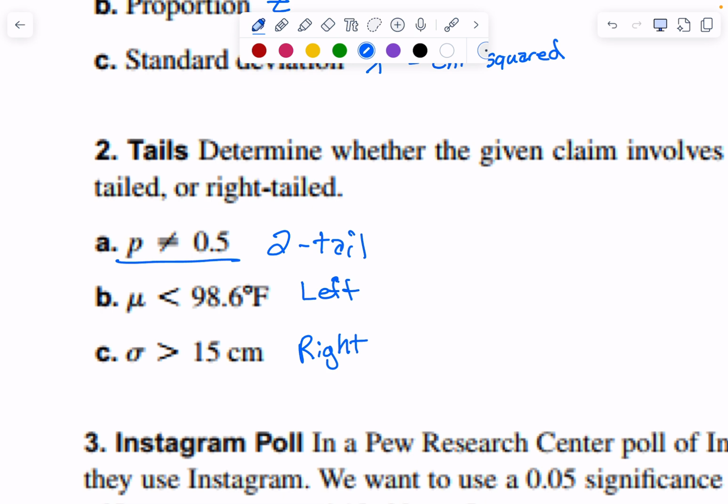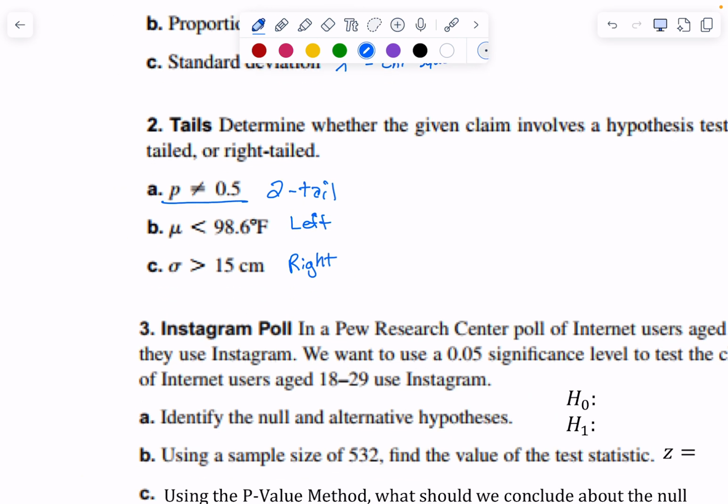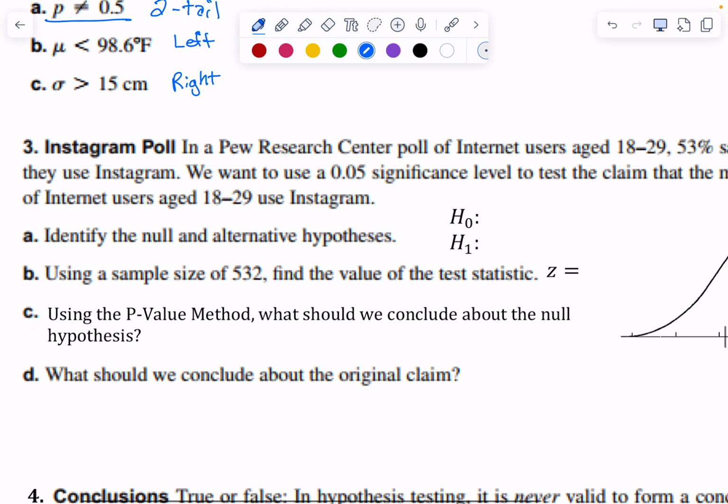Now you could end up claiming that it is equal to, and then your claim goes with the top, with the H0. If they just gave us P's, you do two tail, because if they don't say greater than or less than, you assume equal to, not equal to. All right.